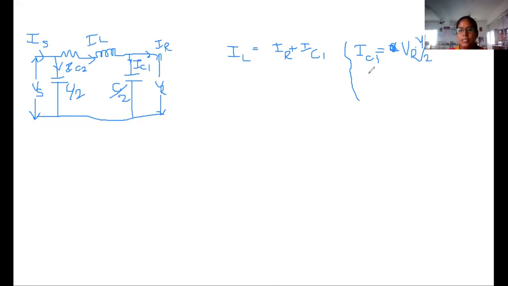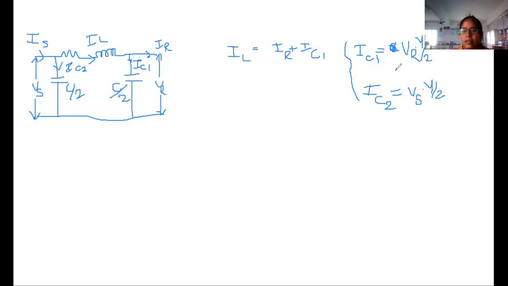Similarly, IC2 equals Vs into Y by 2, since voltage Vs is present here. Here also the capacitance value is C by 2, and here also C by 2.